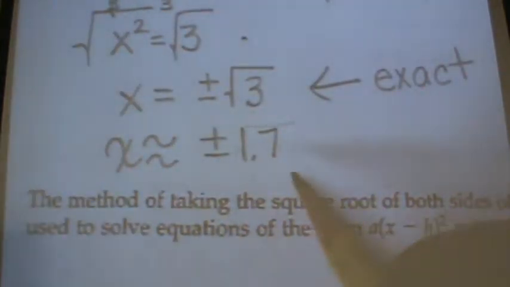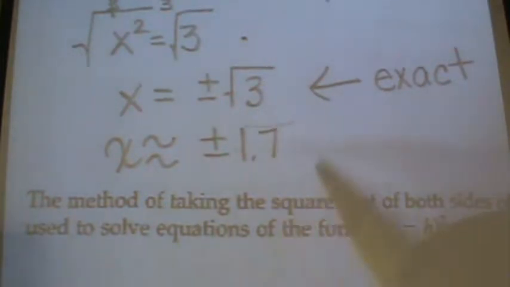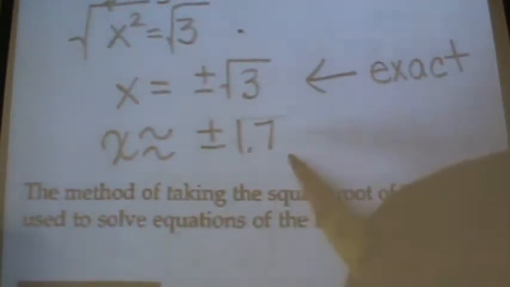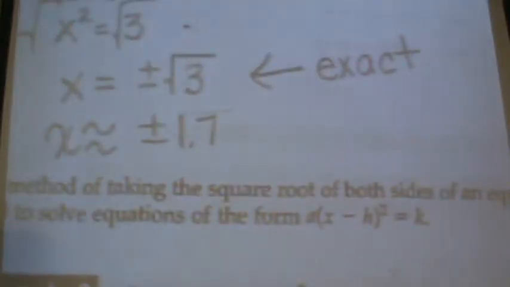Estimated is this answer. This is not the preferred answer, but why do you think it's nice to know these two answers? When do you need the plus or minus 1.7? Well, when you're graphing it, where is root 3 and negative root 3? Well, it's probably about right there and right there.